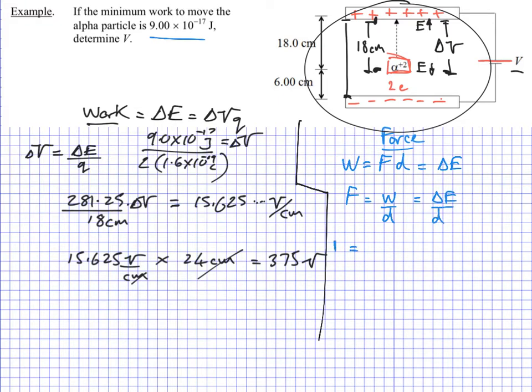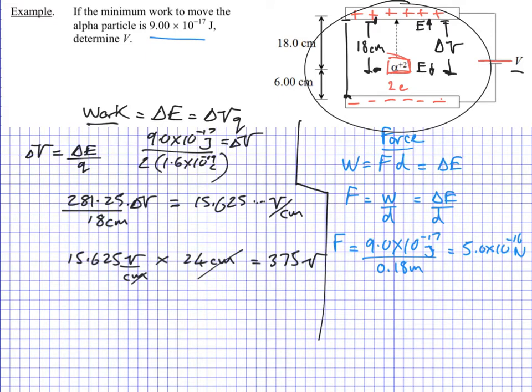And that change in energy is given, so 9.0 times 10 to the negative 17 joules, divided by the distance. Well, the distance it moved was 18 centimeters, so 0.18 meters. This is going to give me my force, which is 5.0 times 10 to the negative 16 newtons.